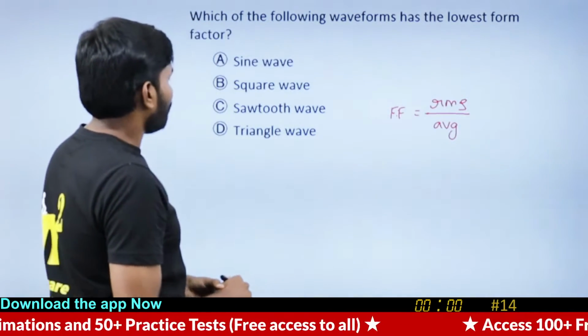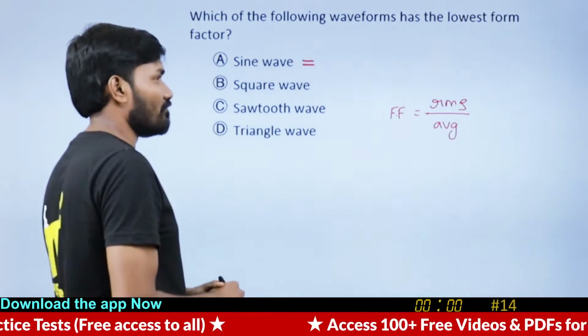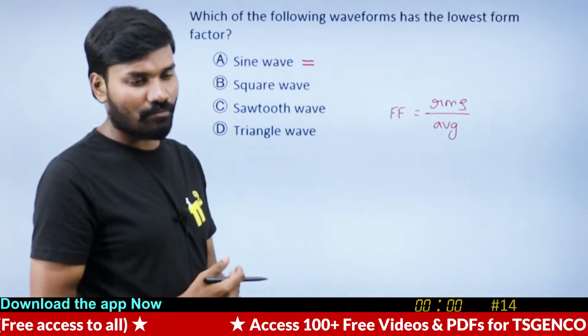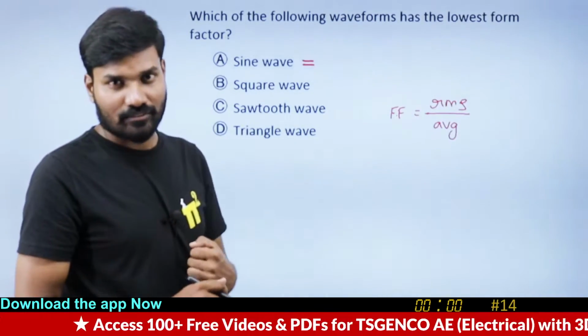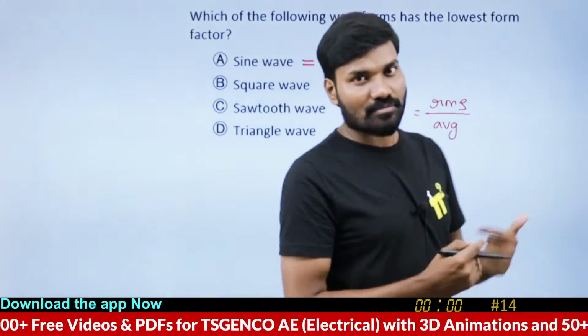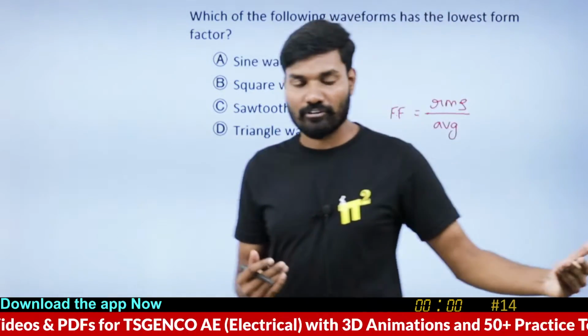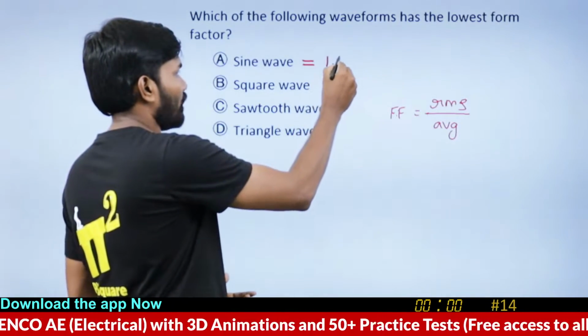What's the form factor of a sine wave? Tell me, somebody. I think everybody should remember this. If not, try to refer to the copy and tell me, it's okay. In this process, it's not only you're marking it, you're recollecting the concepts as well, right? So it's okay if you can refer to the copy. So it's 1.11, absolutely right.